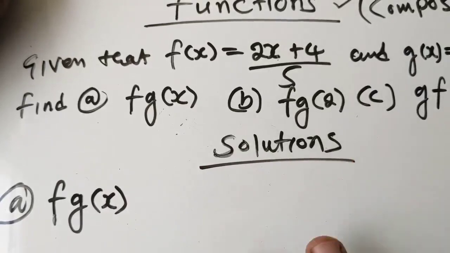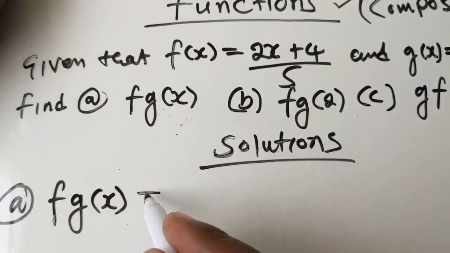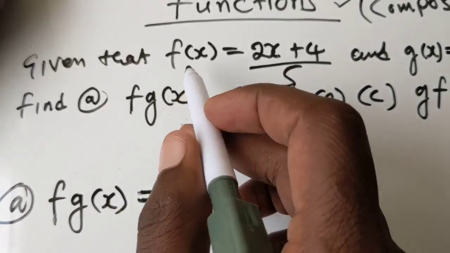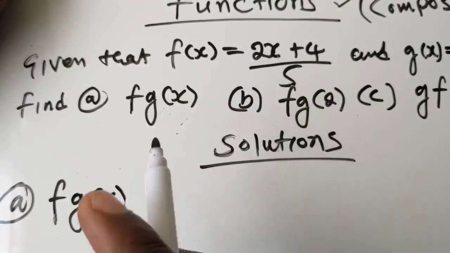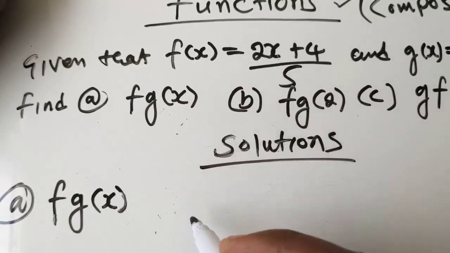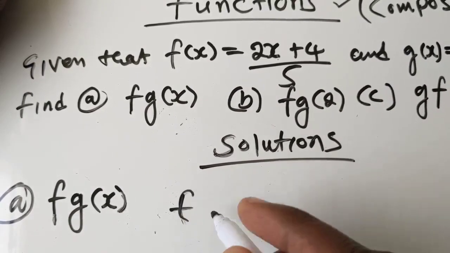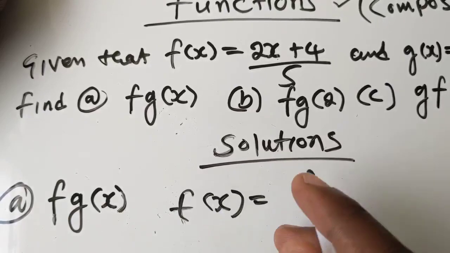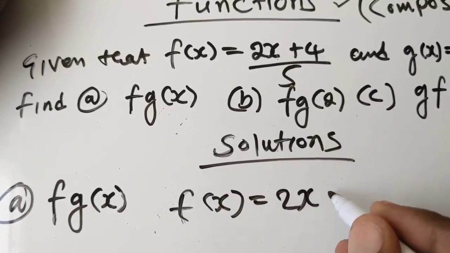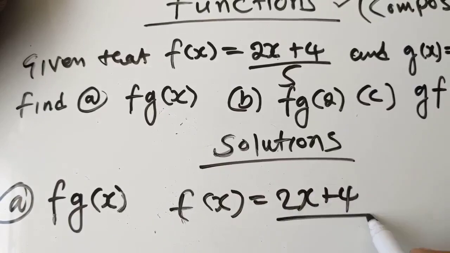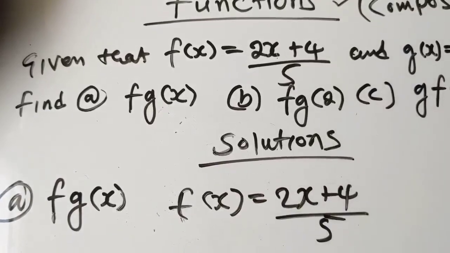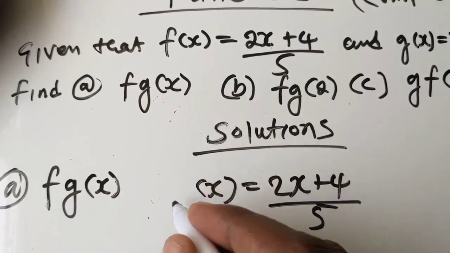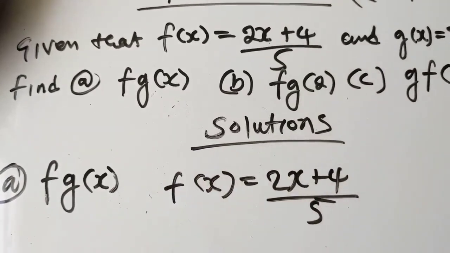Let me write what I'm talking about here. This is what they're saying: f of x is equal to 2x plus 4 over 5, like that. This is the function of f of x.